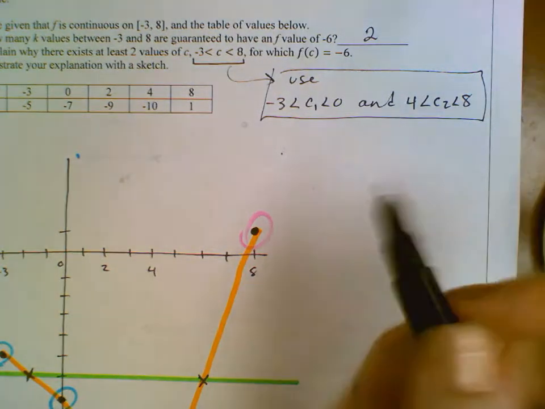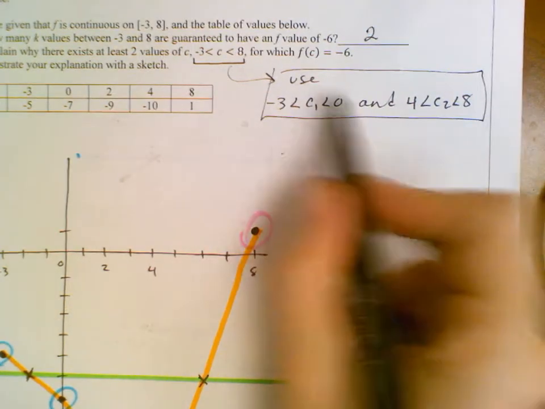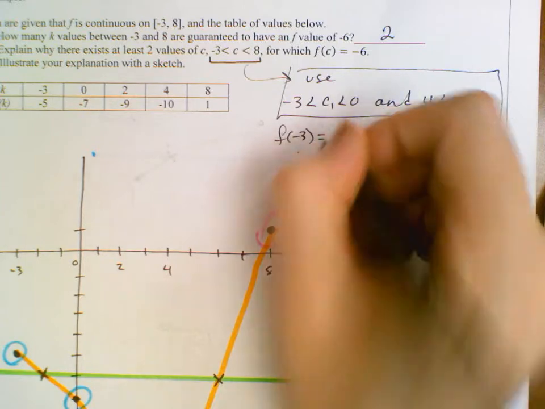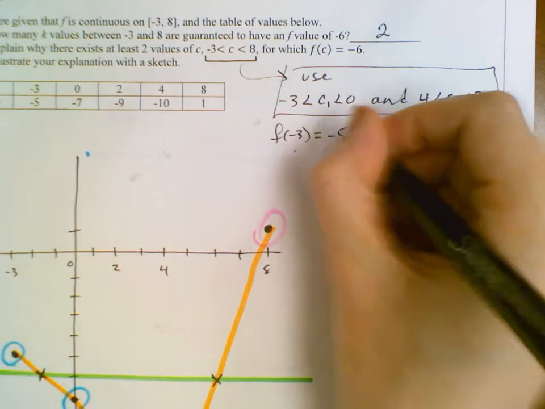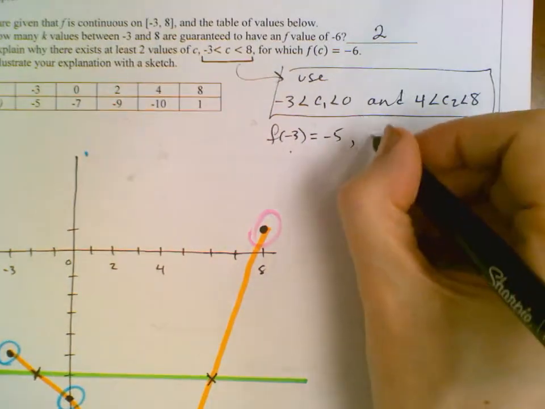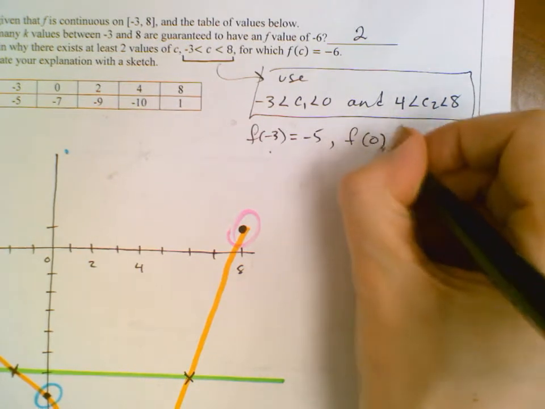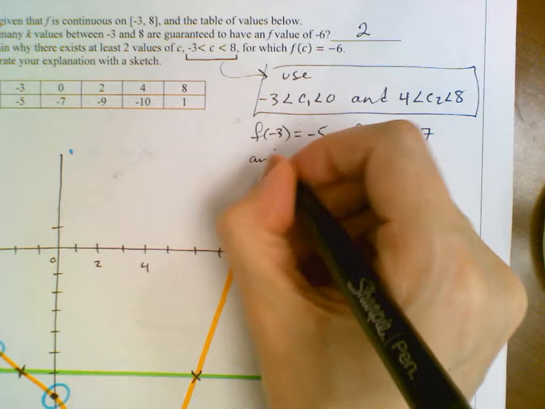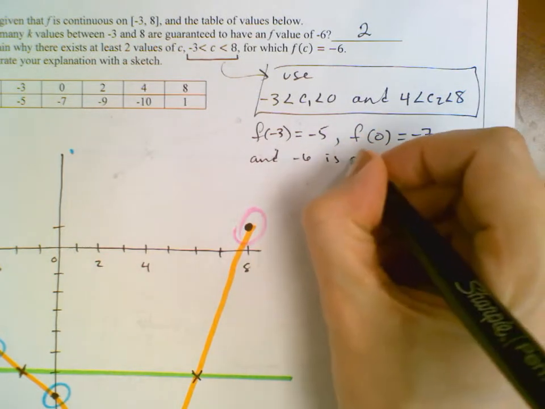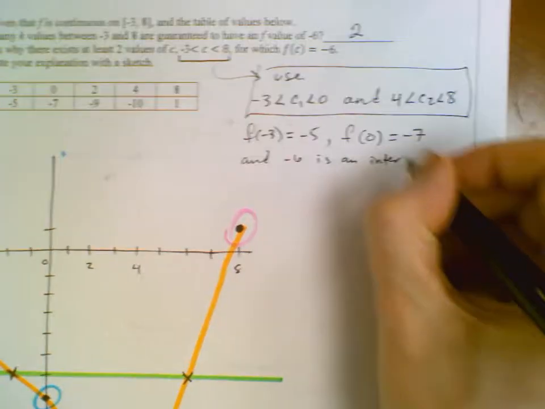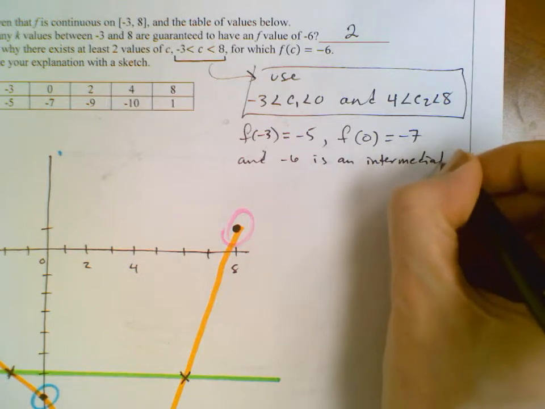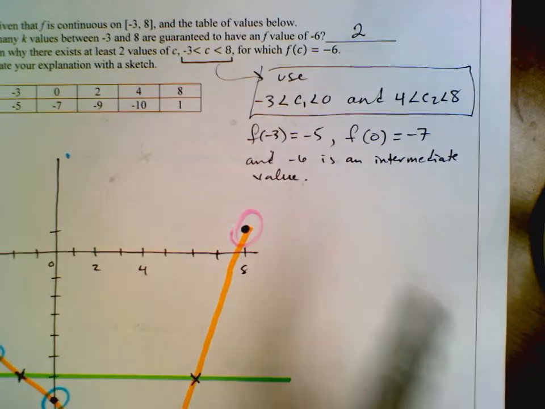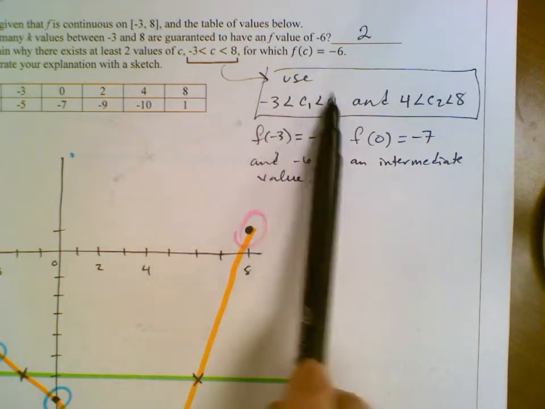All right, let's start with this interval. We've got f of negative 3 equals negative 5, f of 0 equals negative 7, and negative 6 is an intermediate value. Okay, so we started the intermediate value theorem for this one.